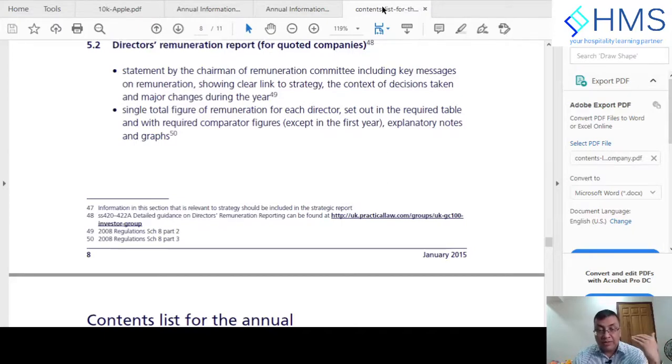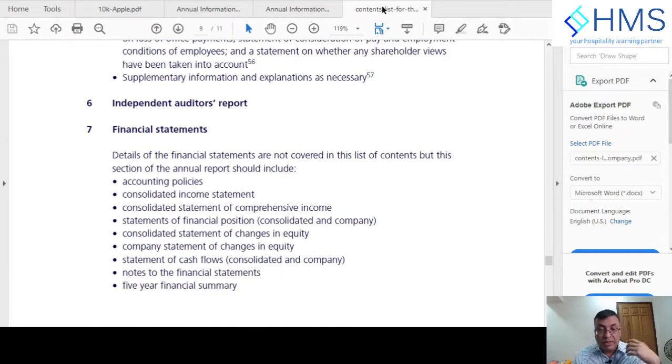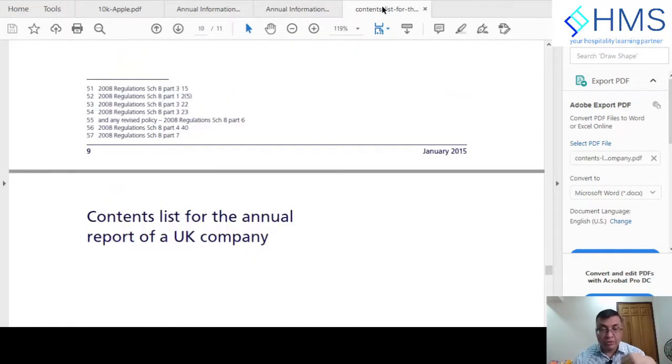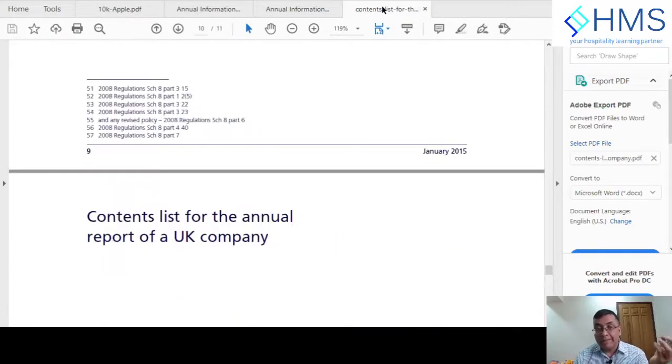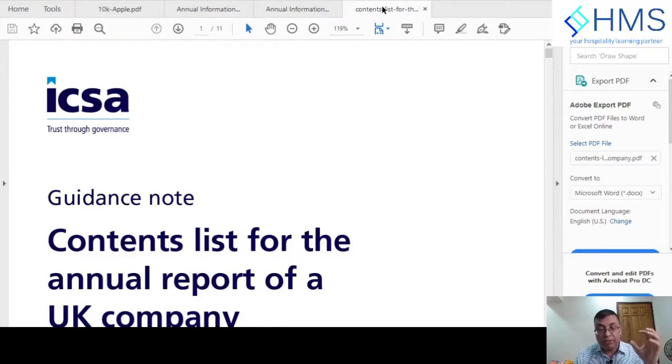Then the company's remuneration report, the independent auditor's report, and also the financial statements. So the UK will have much larger content, but similar to what the other financial reports say about the company, about the 10K, and the other annual reports. So these are the requirements from the different countries.